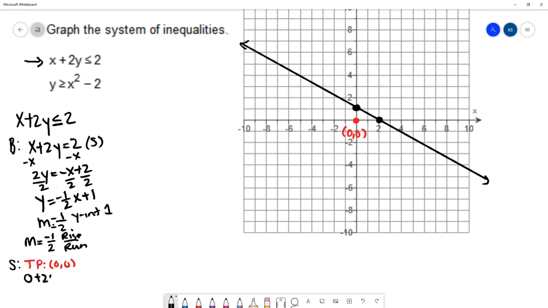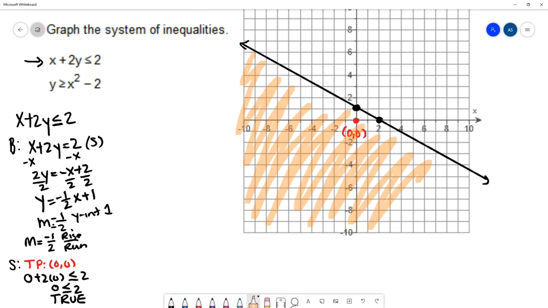So 0 plus 2 times 0 is less than or equal to 2. When you simplify, you get 0 is less than or equal to 2, and that is true. So we're going to shade on the same side as that test point. So we've graphed that first inequality.